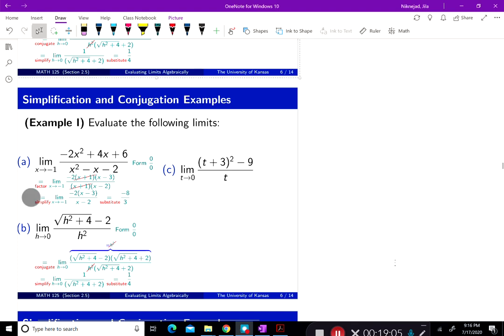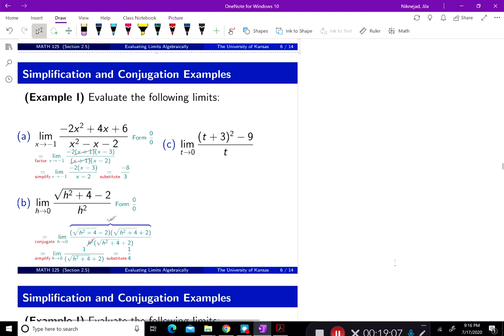So this time, example 1, and this is part C, and I try to direct substitute again, and I end up with 9 minus 9 over 0, which is 0 over 0 indeterminate form. What do I do? I look at the numerator, and I see that it may be simplified to something easier.